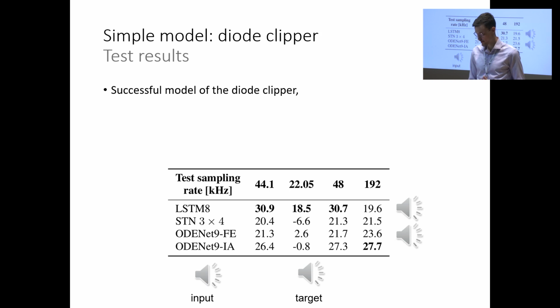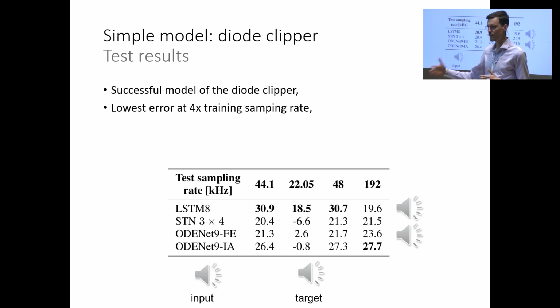And here you can see our results. So what this basically says is that we can use this model for virtual analog modeling. We can also observe that when we increase the sampling rate significantly, with respect to the training sampling rate, we can obtain a lower error, and we can outperform some architectures that cannot be adapted to different sampling rate processing.